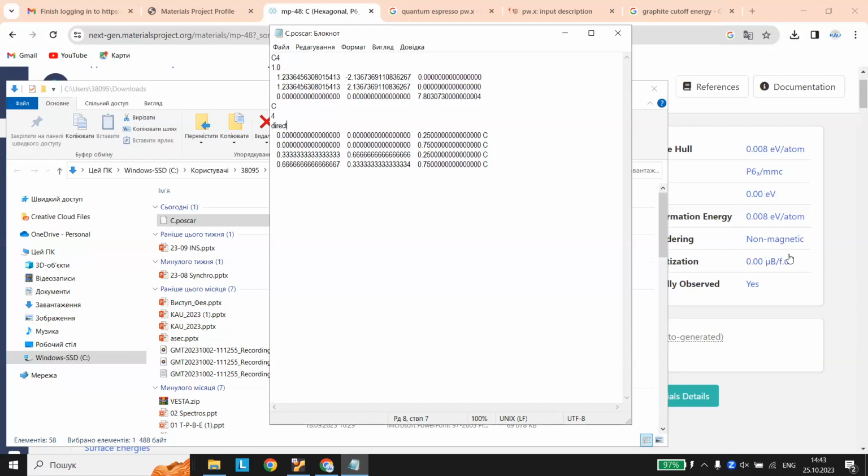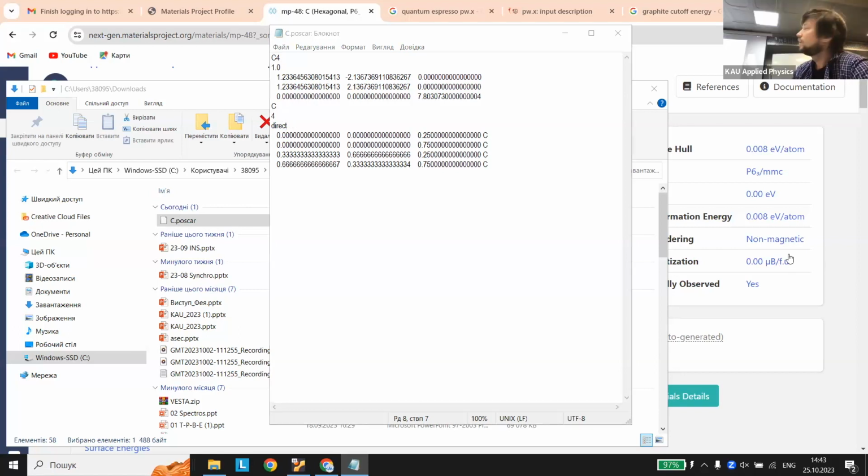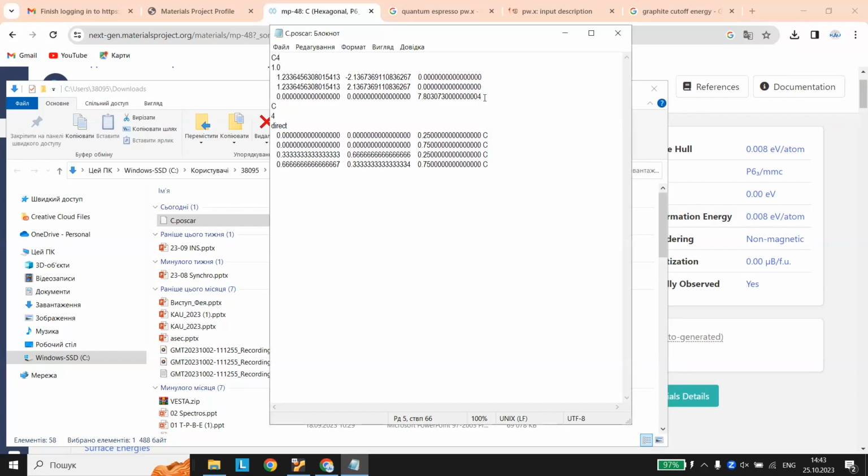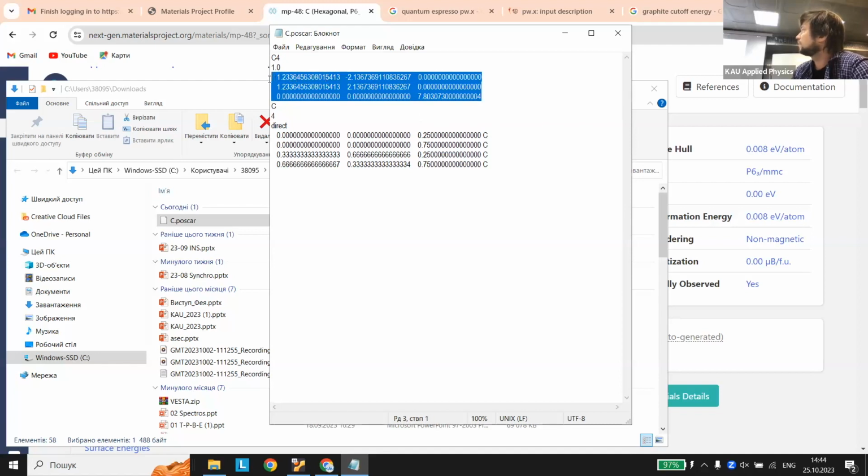You see 7.8, it means that it's the C lattice, and here it's like 2.47, but in hexagonal shape. These three columns are just coordinates of our lattice vectors.